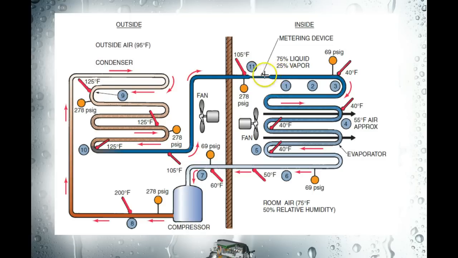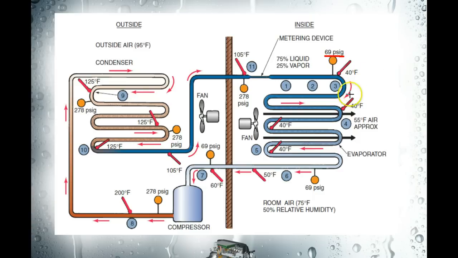As the refrigerant leaves the metering device, it immediately flashes to approximately 25% vapor and 75% liquid. It's normal. It's what it's designed to do. Now, if you had your refrigeration gauges on the system, this system in particular, you're going to be reading 69 psig, and this is an R22 system, by the way.